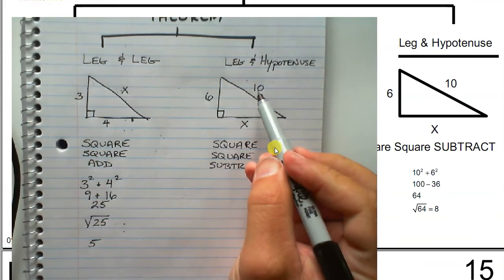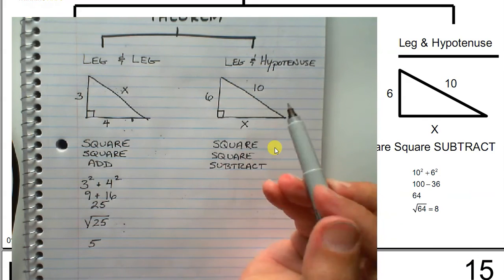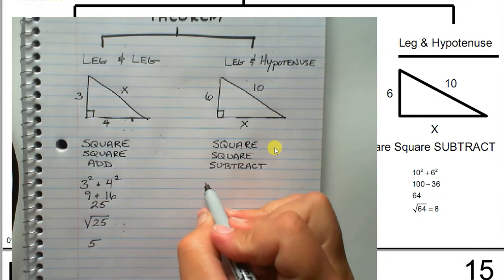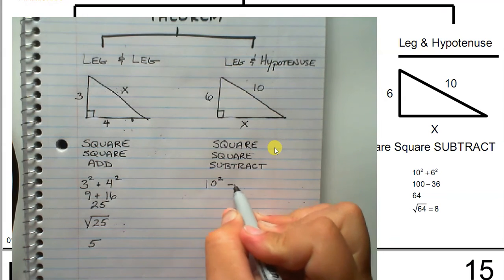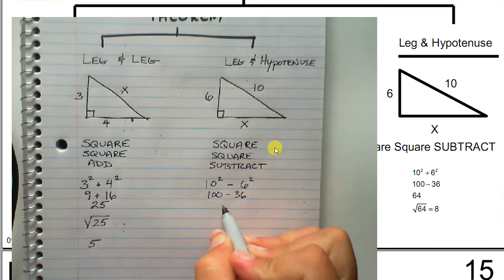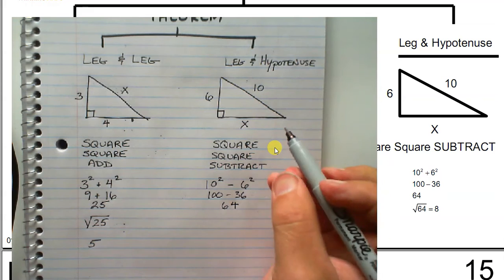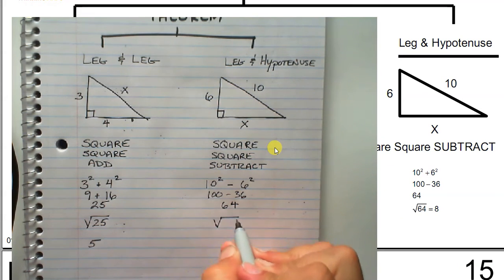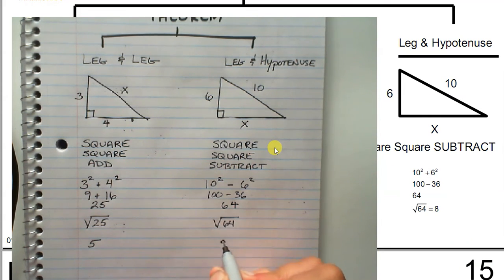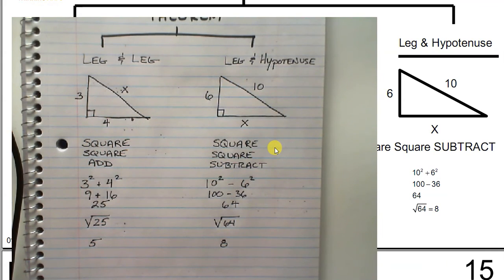Which makes sense. I already have the biggest side. I have to get myself down to a smaller side. So subtraction gets me to a smaller number. So I'm going to go 10 squared minus 6 squared, which is 100 minus 36, which is 64. Is this 64? No, it's way too big. So I have to take the square root of 64 to bring it down to 8. So those are the two things we're going to be doing today. We're going to be doing a square-square add or a square-square subtract. So those are the two examples.